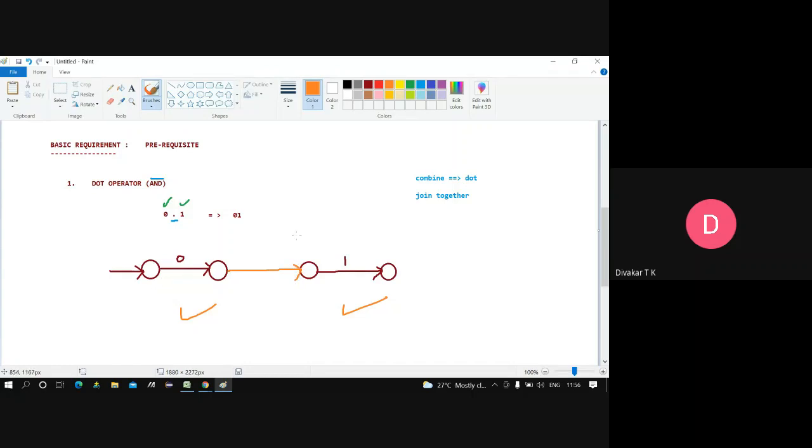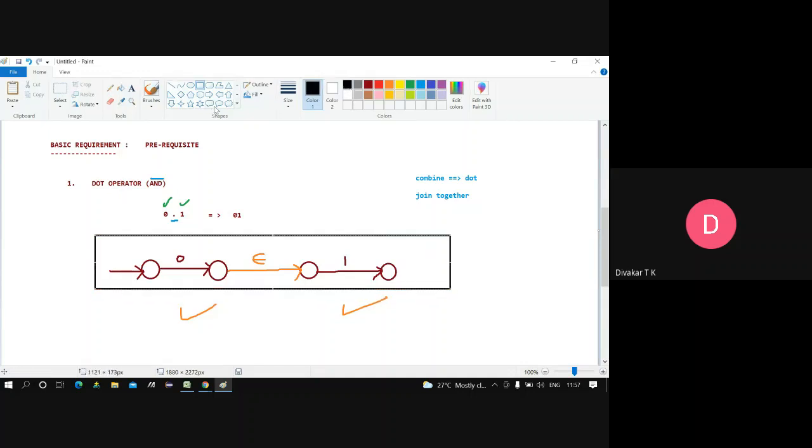This is zero, this is one, and we are joining them with the symbol epsilon. Understood? So this is all about the zero and one dot operator. Have a look at it, it's a very easy thing.